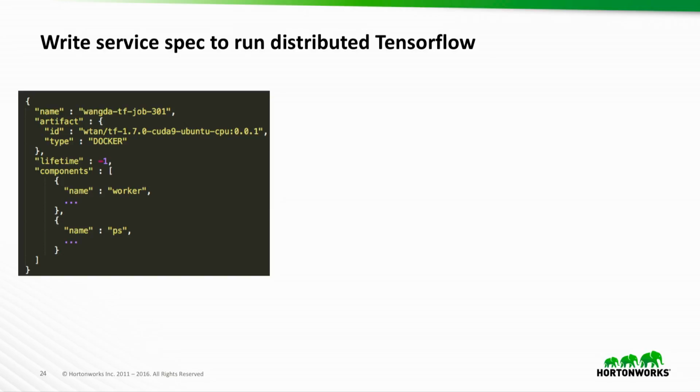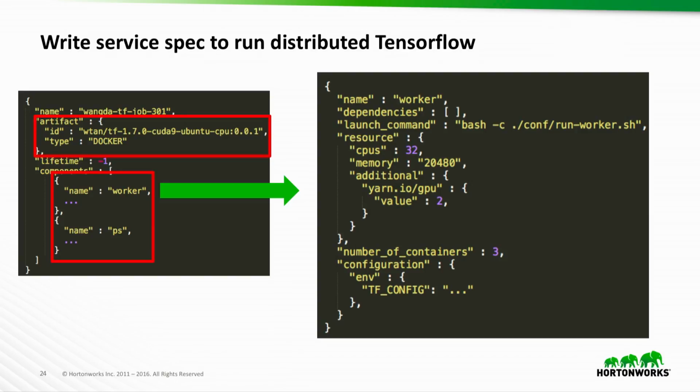Now I'm going to talk about how to write a service spec to run distributed TensorFlow. Basically, we need to define the name of the service and the Docker image of each task. We can also define a list of components. Here are worker and parameter server. If we expand this, you can see the definitions for the worker component.